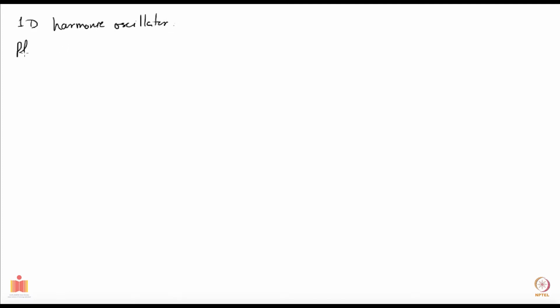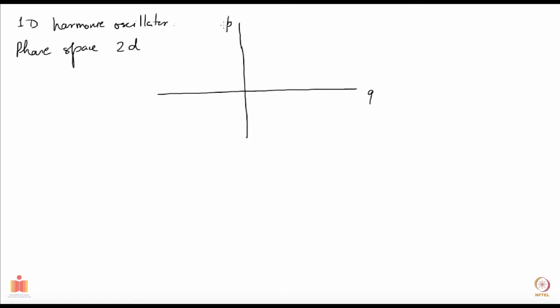Phase space is 2-dimensional, right? One for q and one for p. So you have your axes here, x and p.